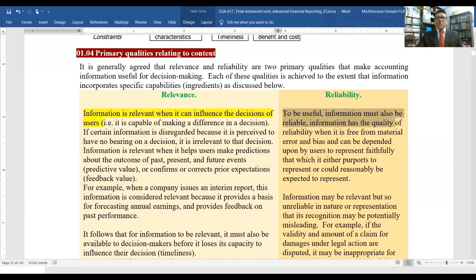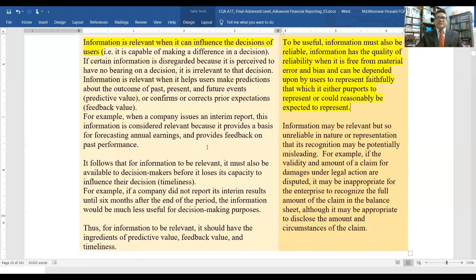Information has the quality of reliability when it is free from material error and bias and can be depended upon by the users to represent faithfully that which it purports to represent or could reasonably be expected to represent. So, reliability.